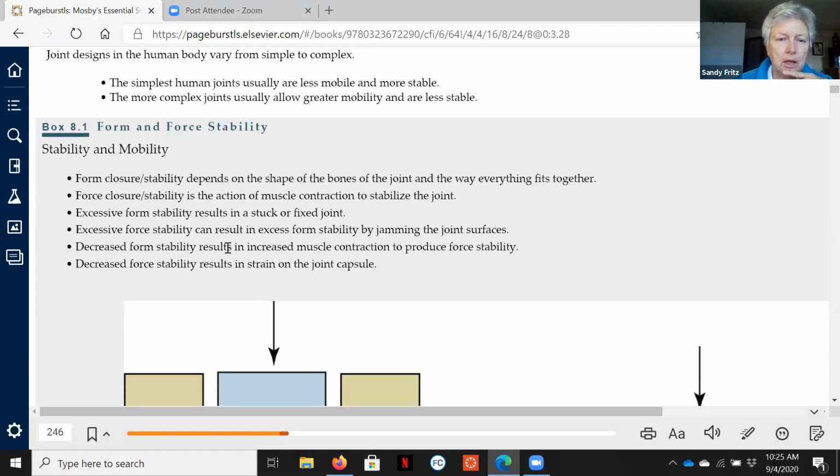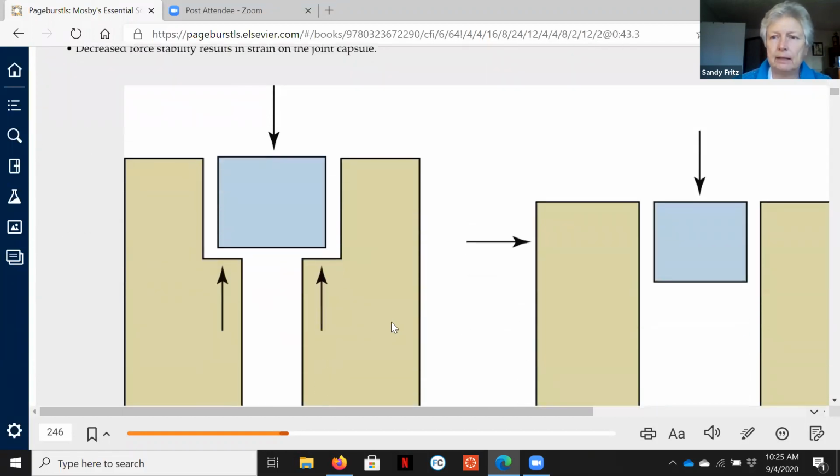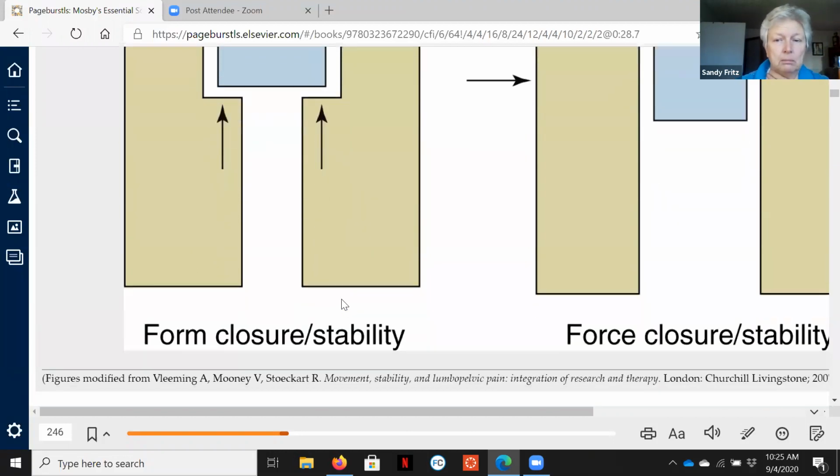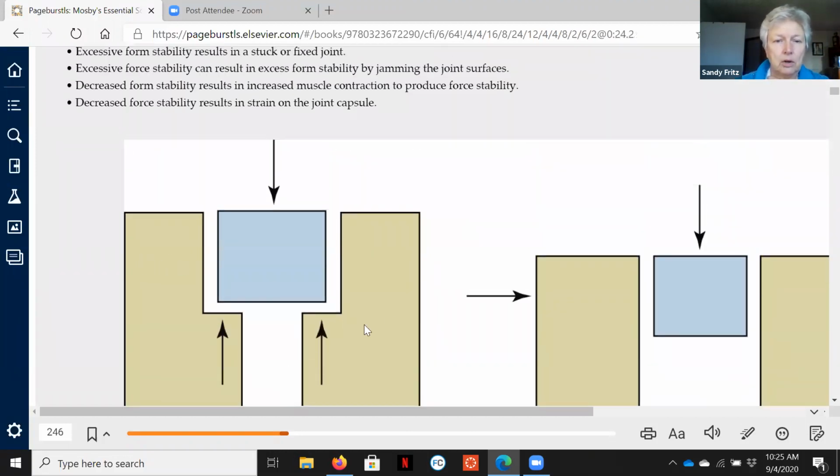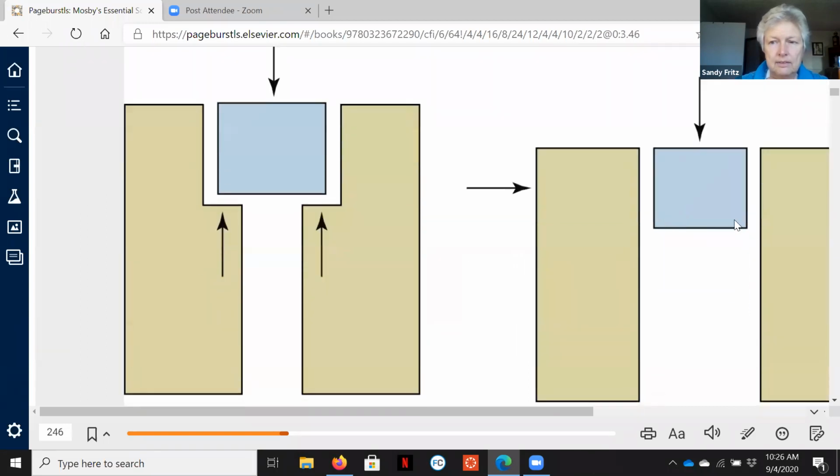So here's a picture of what I was just explaining. And here, the bony parts, plus the ligament and other factors around the joint capsule, provide most of the stability. Over here, these things are adjacent to each other, not held together, and that requires more soft tissue to provide the stability.